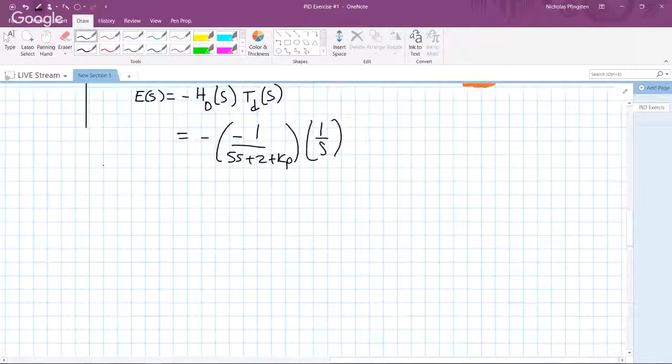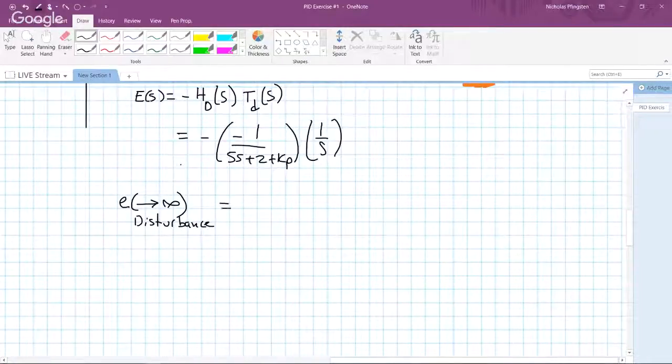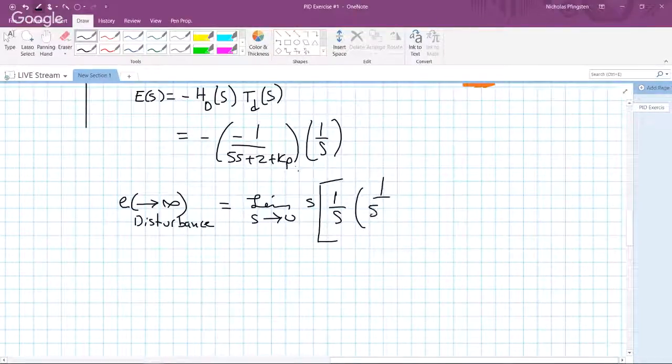It's really nice. So now let's take the final value theorem, E as it approaches infinity, for the disturbance. It is going to equal the limit as s approaches 0 of s times 1 over s times 1 over 5s plus 2 plus kp.